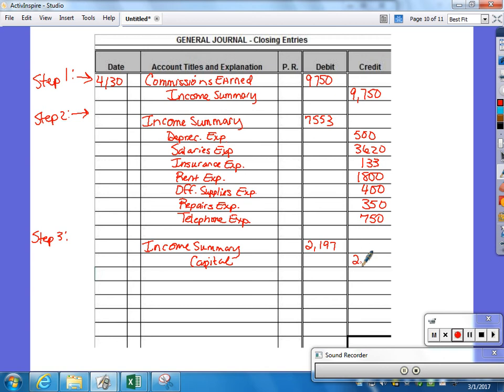And does everybody know how we got that? Is there anybody that does not know how we got it? Cool. How do you get the income summary amount? Everybody should know this. This is the chapter we're currently on.